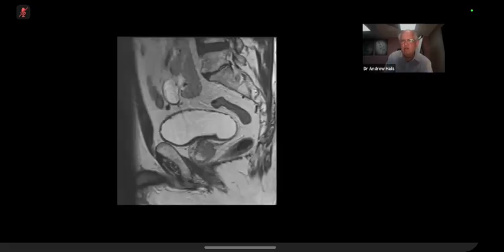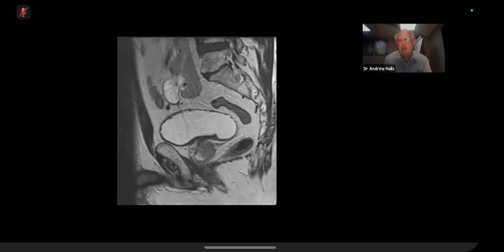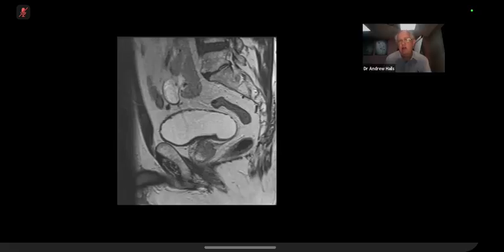But I'll just go on. Now, maybe you can work it out from that. So the bladder is... is that a pelvic kidney? That's right. So pelvic kidney with a dilated pelvicalyceal system.